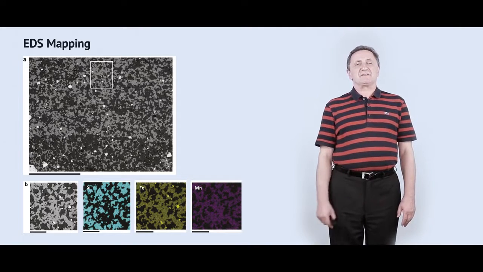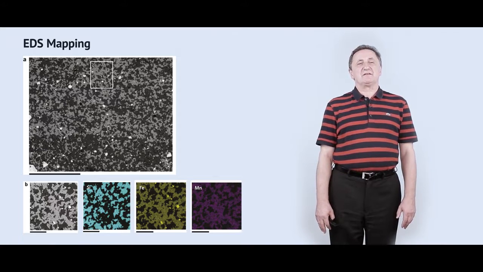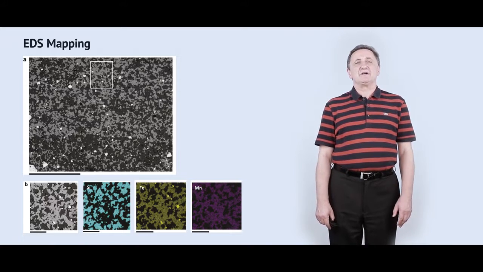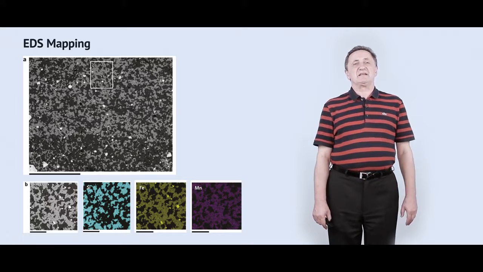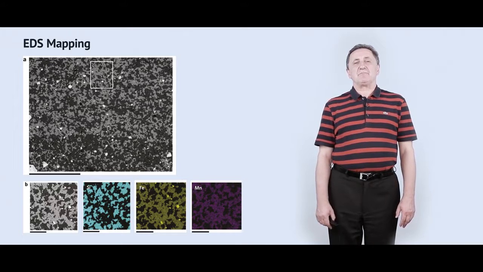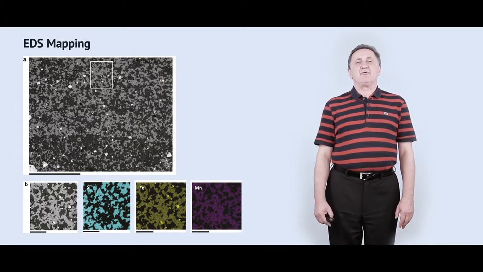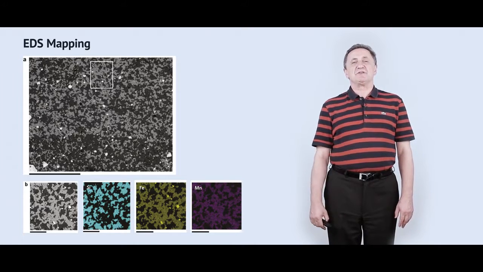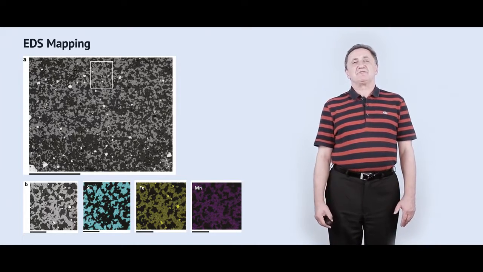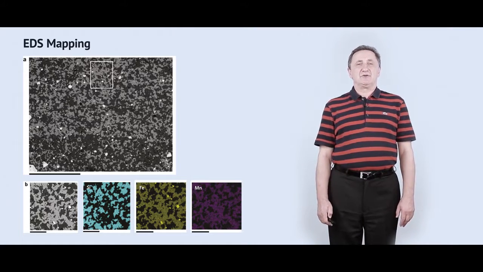On the left side you have the SEM image of your material obtained in the backscattering mode. You can see that you have at least 3 different phases here, and on the right you have a representation of your sample obtained in photons with energy corresponding to different elements, which provides you information about iron, magnesium, and silicon distribution in your sample.